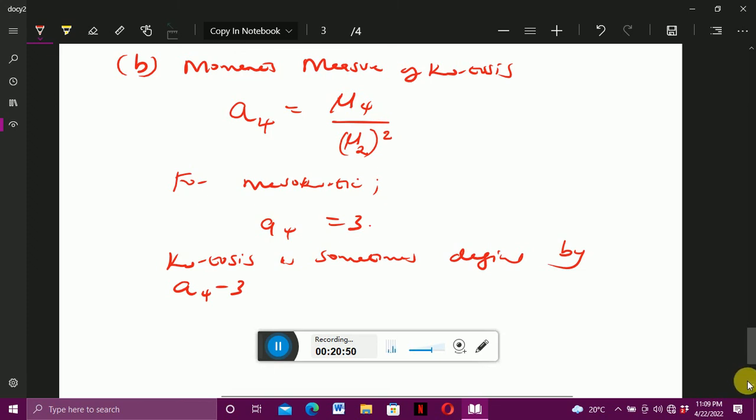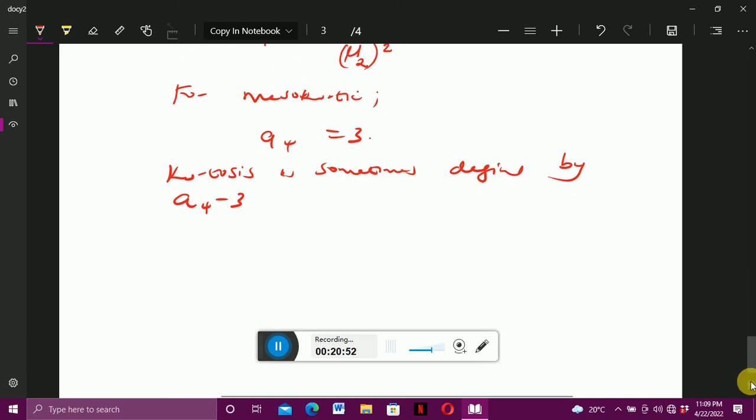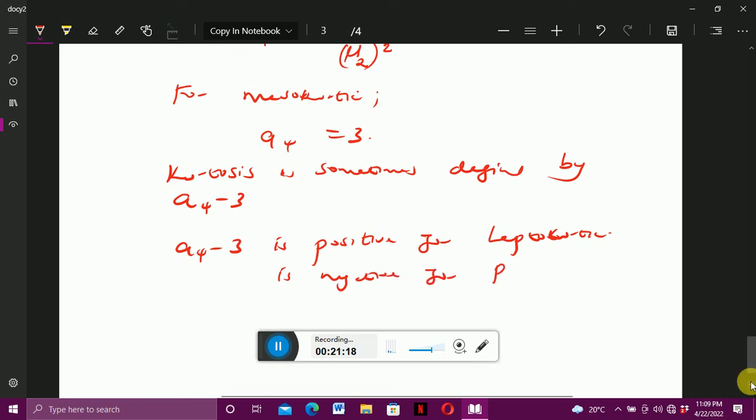And we say that A4 minus 3 is positive for leptokurtic, and it is negative for platykurtic.